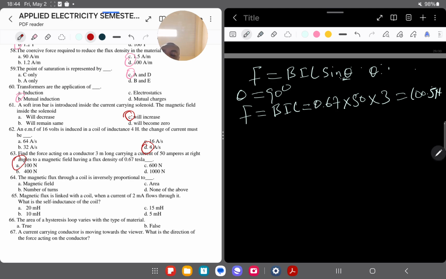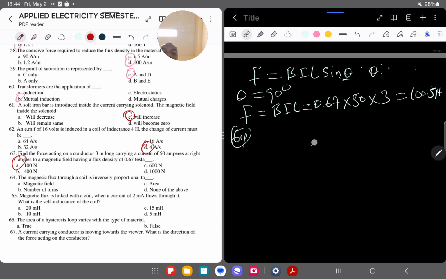Question 64. The magnetic flux through a coil is inversely proportional to A, magnetic field? No. If you have a magnetic field, the magnetic flux is actually directly proportional to the magnetic field.